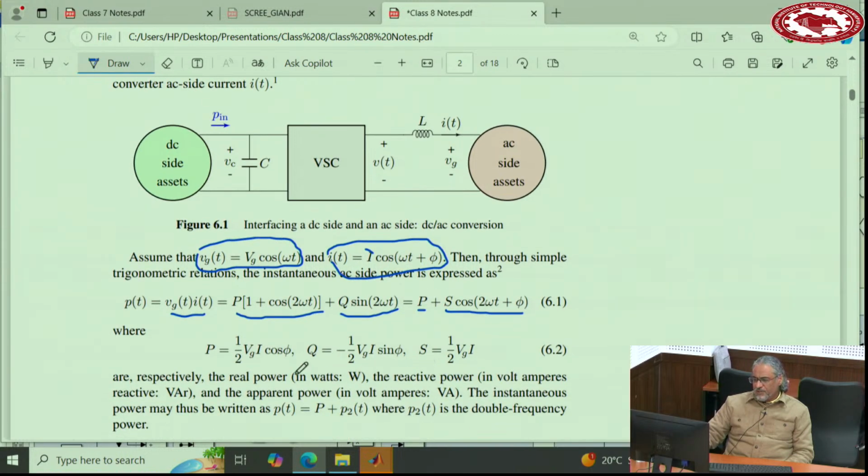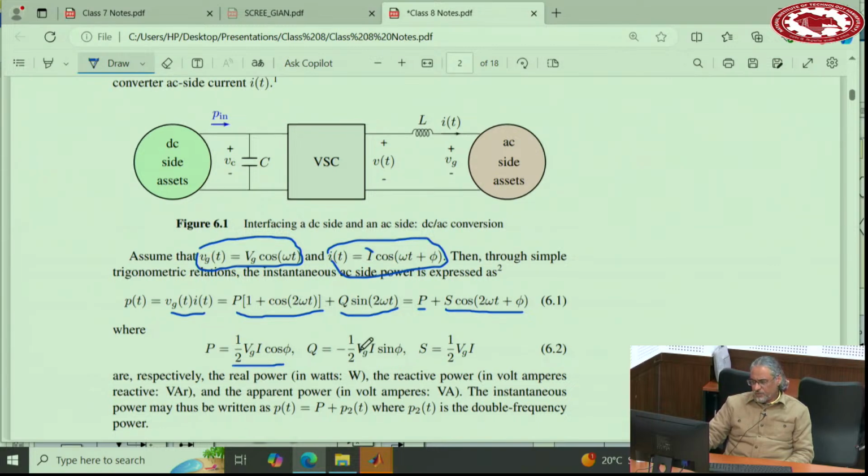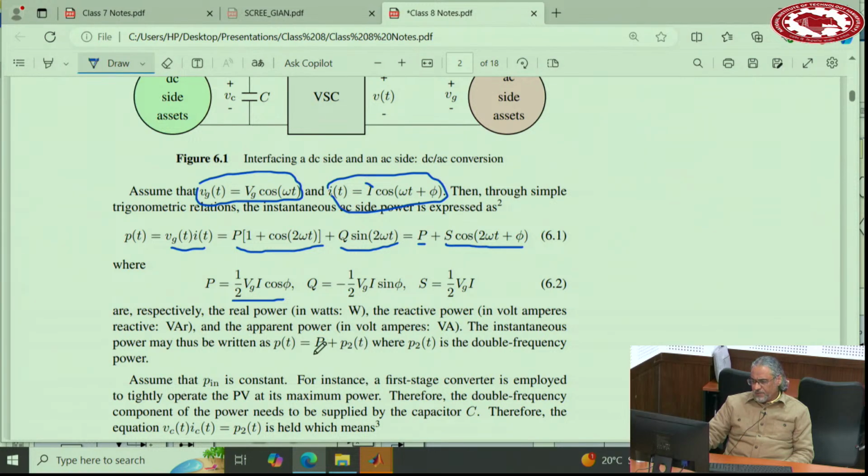So the DC value is called the real power, and this peak of the oscillation is called the apparent power, and this magnitude of the bipolar term is called reactive power, with a negative sign. So power is a DC plus an AC, and the AC is in double frequency term.